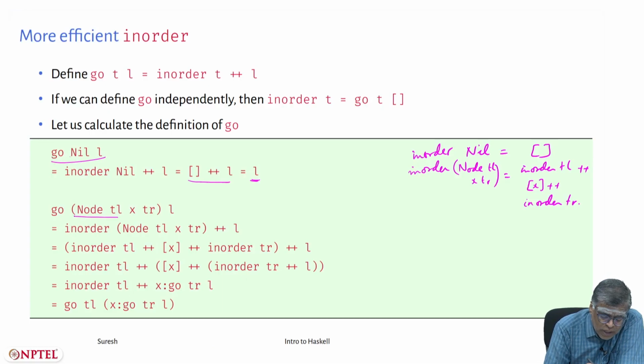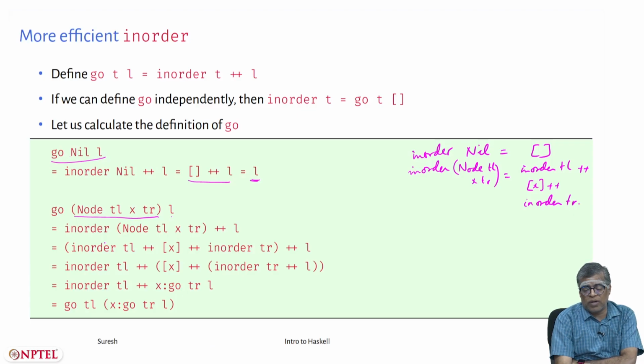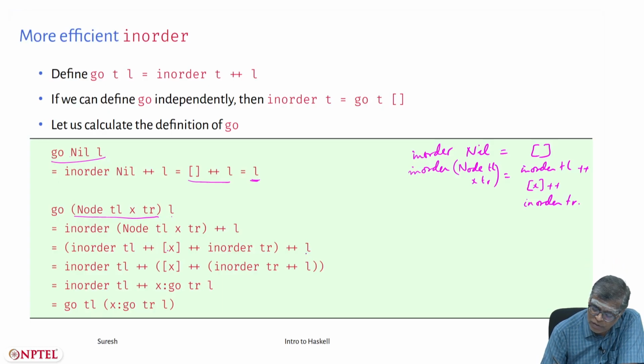Go of node TL x TR L is what? Let us expand this: it is in order of node TL x TR plus plus L, but in order of node TL x TR is what I have written here, in order TL plus plus singleton x plus plus in order TR, plus plus L. Oh, but plus plus is associative.